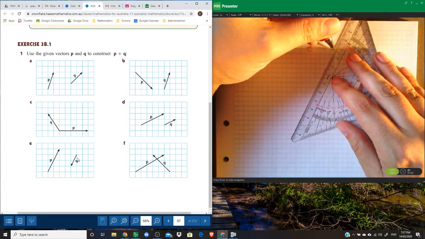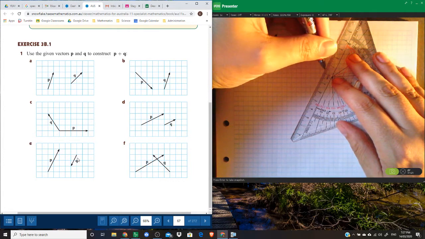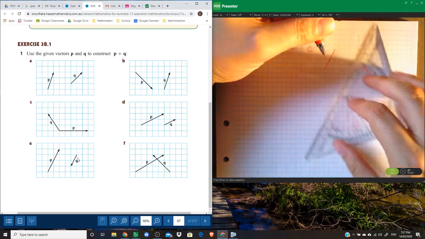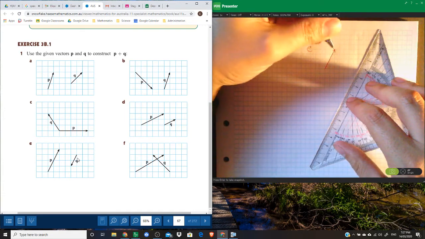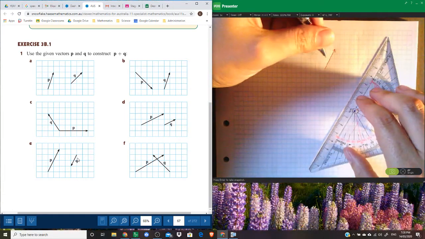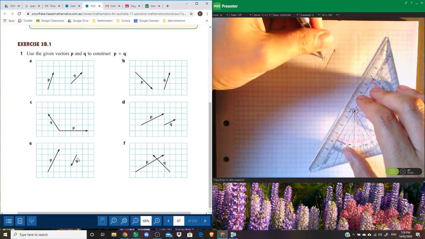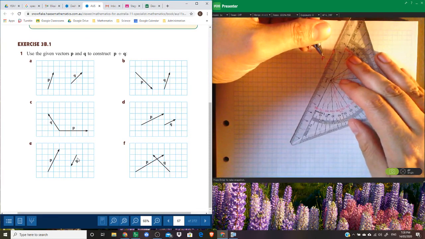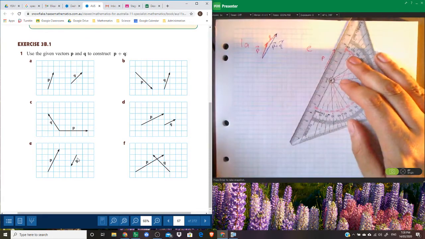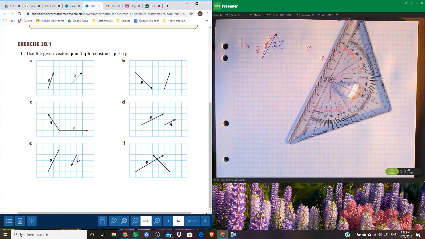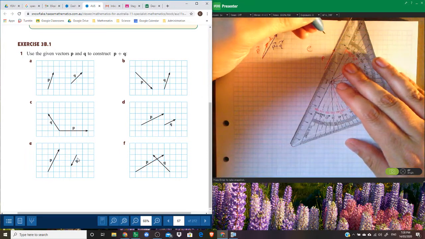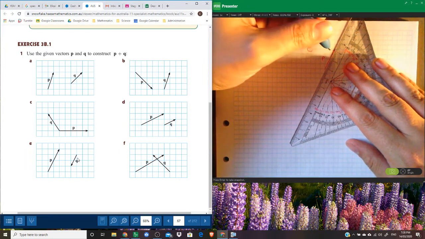Draw that. So that's P. Now, if you want, you can draw it in a different color. Maybe I will. For the sake of this, what colors do I have? I've got blue. Do I have black? I probably don't. Oh, I have a green pen. Let's just hope this works. Just so I can see it over the top of it.